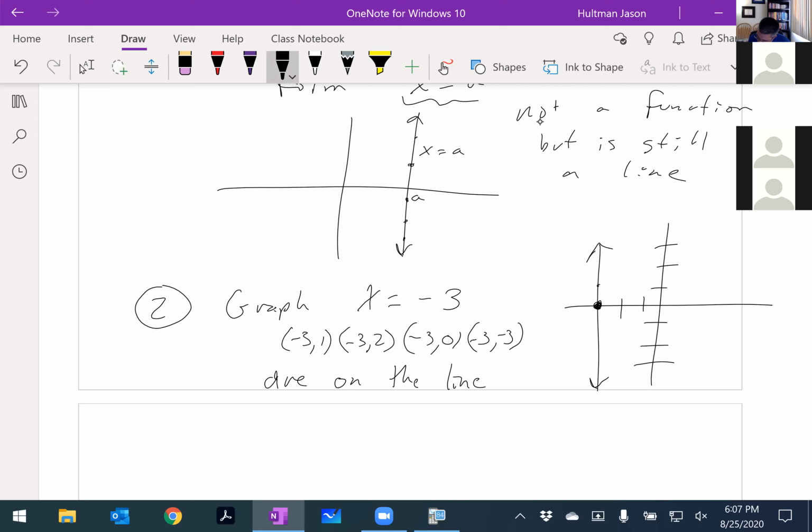At (-3, 1), I'm here. At (-3, 2), I'm here. At (-3, -3), I'm down here. So these are the points (-3, 2), (-3, 1), (-3, 0), and (-3, -3).